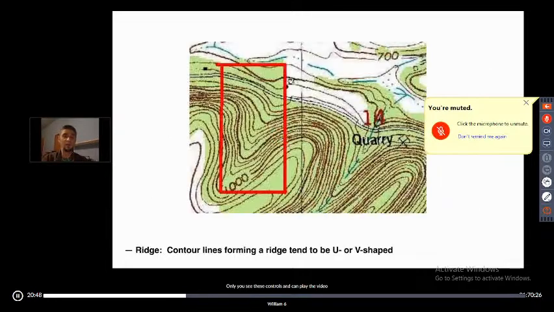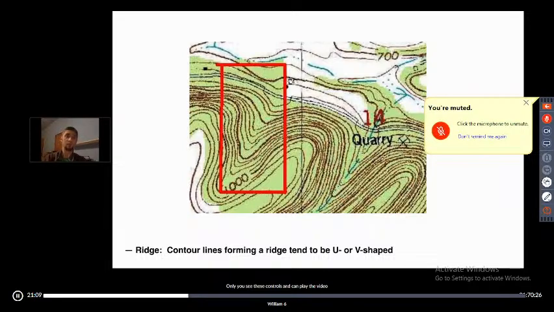The next one would be the ridge, and the ridge is the highest point in the landscape. If you have a hilly or mountainous landscape, then that landscape is divided into ridges and valleys. The ridges are the highest points, the valleys are the areas in between.